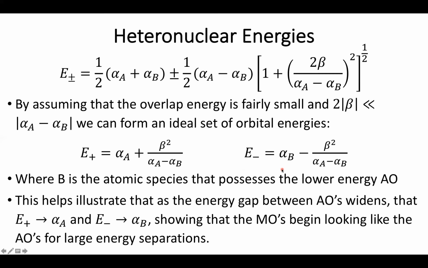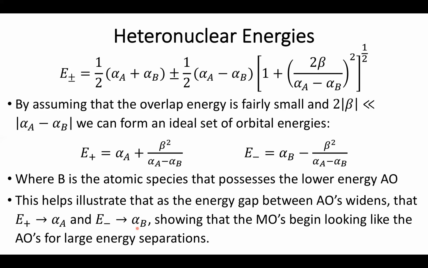And really, the important part is it's just illustrating that as the gap between my two atomic orbitals widens, as the electronegativities differ by increasing amounts, my antibonding orbital looks a lot more like A, and my bonding orbital looks a lot more like B. So again, if we have a big separation, MOs and AOs don't actually look that much different.